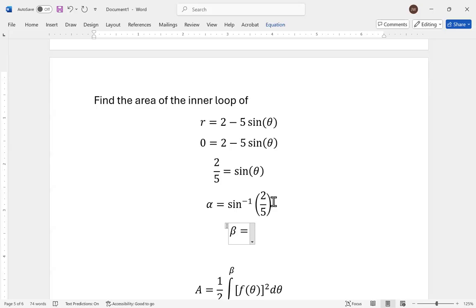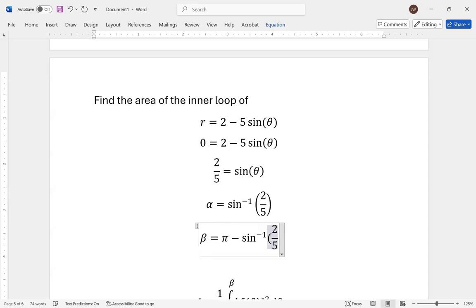Excuse me, not 2 pi. Pi minus that number. So if I take pi minus the inverse sine of 2/5, then I'll get that roughly 2.73 number.